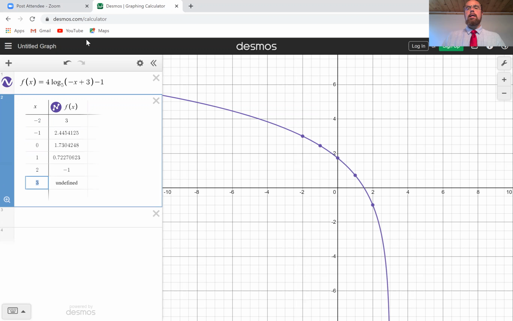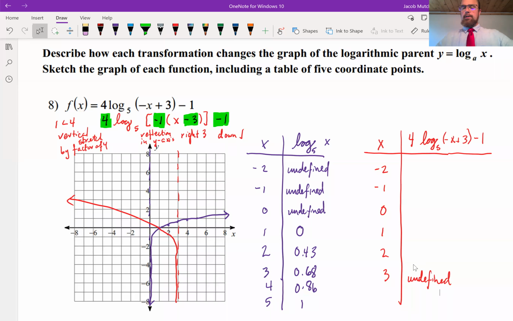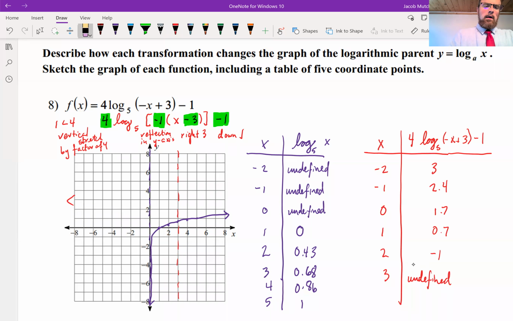So I'm going to record that table, and let's transfer it here on our note screen. So again, negative 2 is 3. Negative 1 is 2.4, 0 is 1.7, 1 is 0.7, and 2 is negative 1. So I want to sketch that graph.